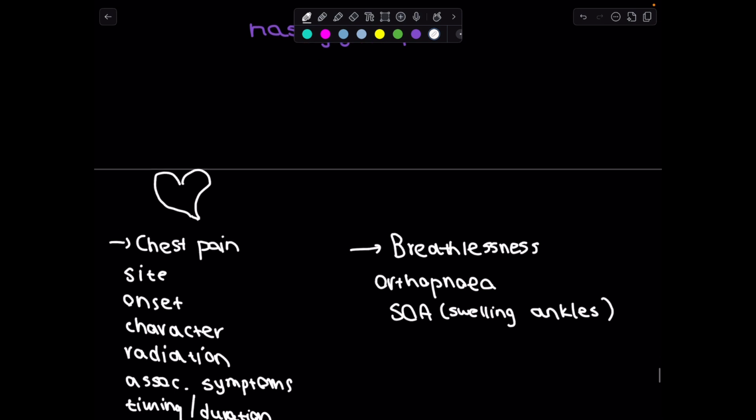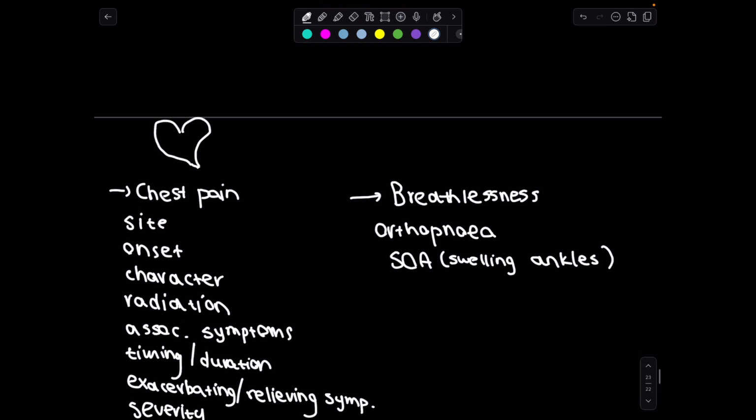So what about breathlessness? What should we be expecting regarding orthopnea, swelling of the ankles, paroxysmal nocturnal dyspnea? For breathlessness, dyspnea, in a cardiovascular history, use Socrates and probe specific symptoms like orthopnea, ankle swelling, and paroxysmal nocturnal dyspnea, PND.